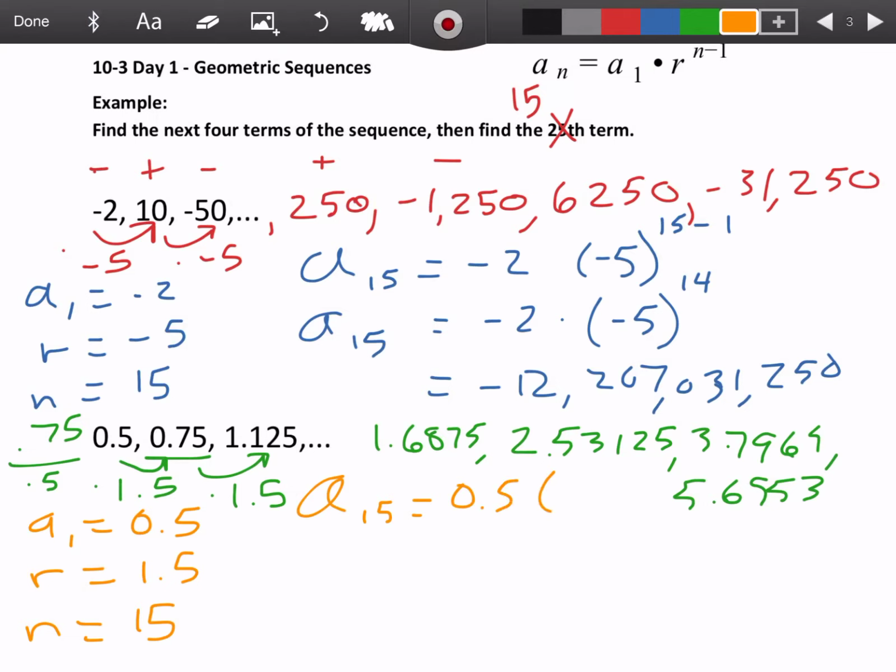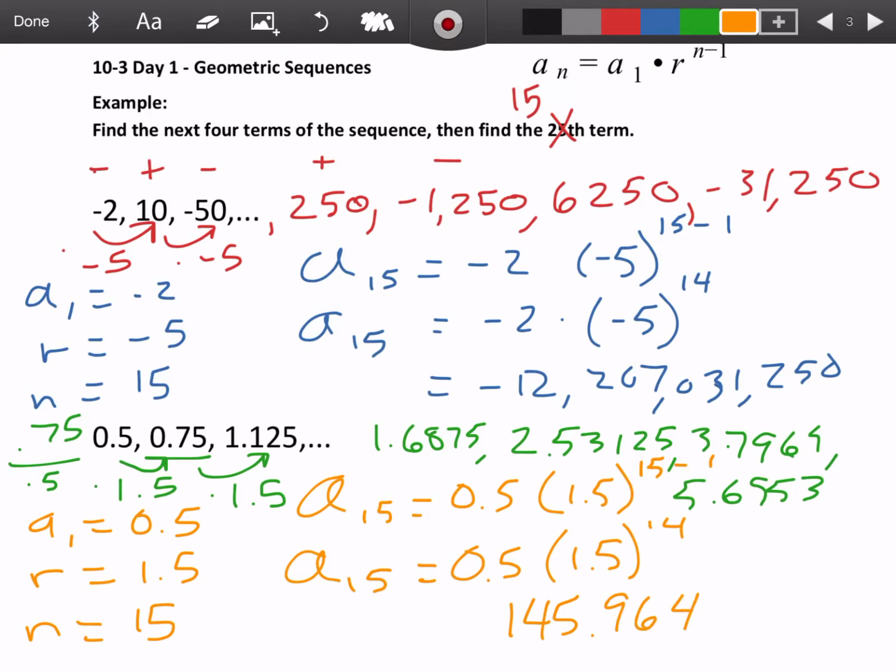So we have 0.5 times 1.5 to the 15 minus 1. So here we have 0.5 times 1.5 to the 14th. And plugging that into your calculator, once again this is rounded off, but 145.964 would be your final answer.